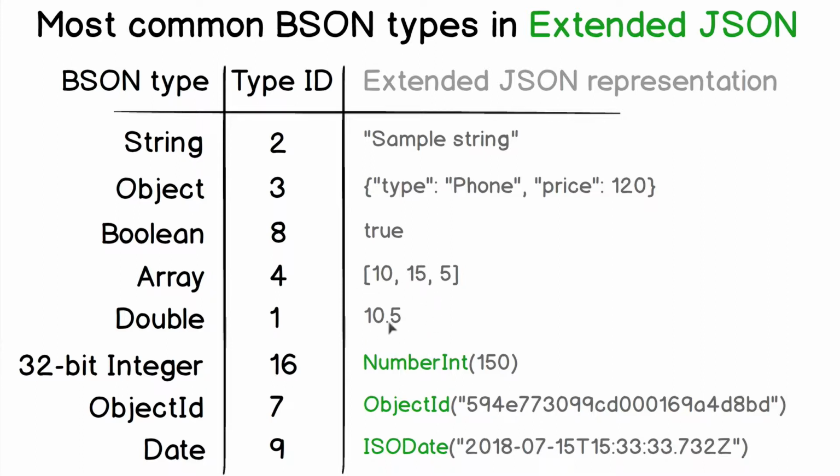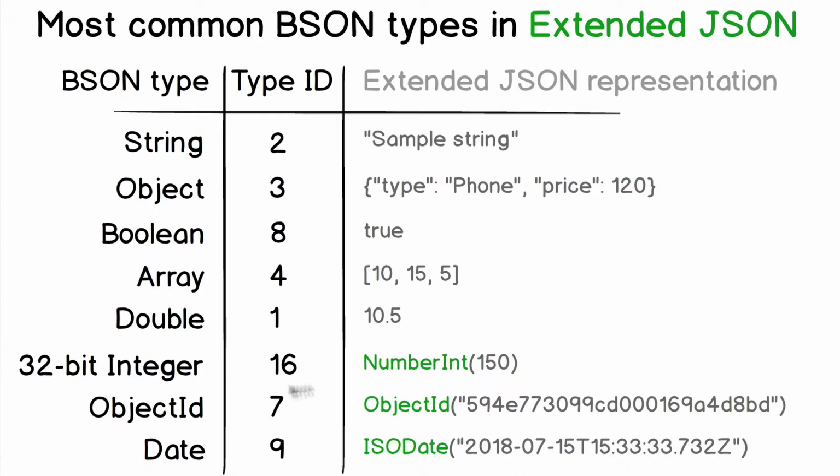You see a dot here, but without the dot, if you pass a plain number to MongoDB, this number will also be stored as a double. If you want to save a number explicitly as an integer, then you need to use the NumberInt or NumberLong prefix. It is a 32-bit integer or a 64-bit integer.